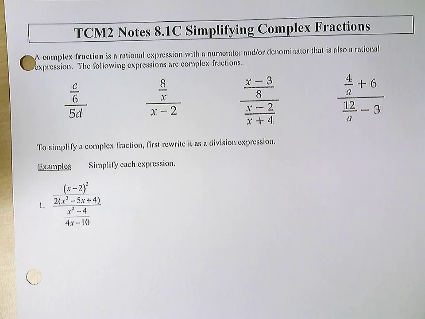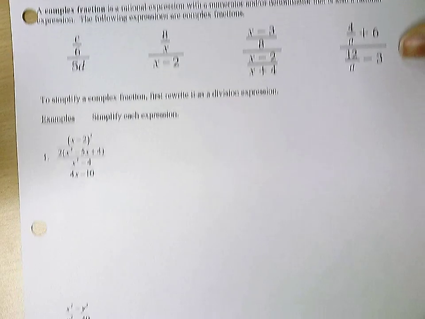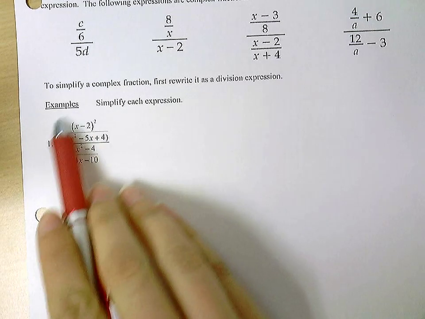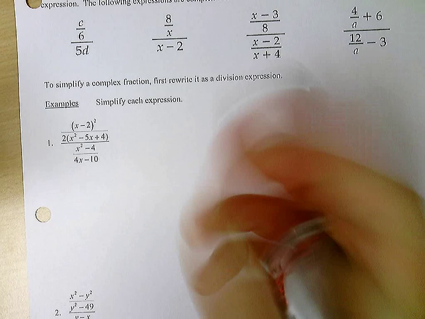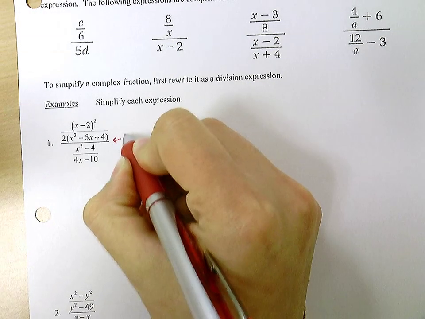To simplify a complex fraction, first rewrite it as a division expression. In number 1, we have our fraction in the numerator over another fraction. Now this fraction bar just means divide.